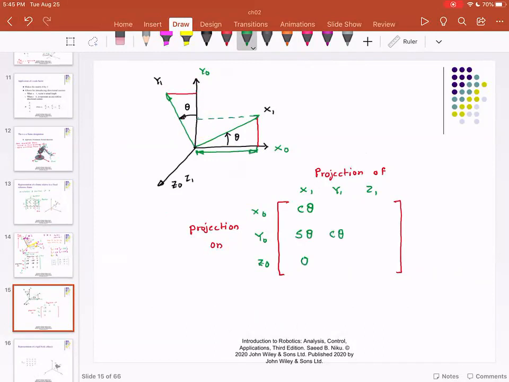Projection of y1 onto x0 is minus sine theta. 0, 0, 0, 1. And this is how you will find out the projection matrices.